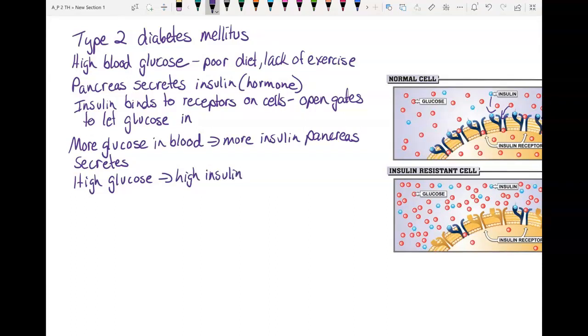And this high insulin makes your cells downregulate. So you will actually get fewer insulin receptors.